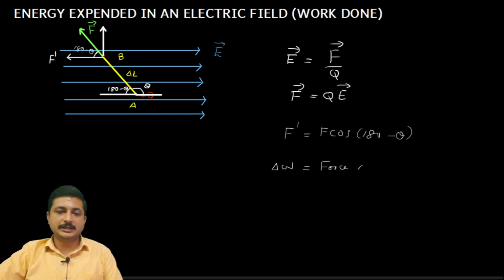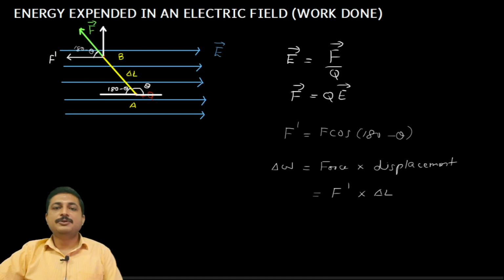So I represent it by delta W. So delta W will be force into displacement. Now which force? Here I told you that I am considering the horizontal component of force, which is exactly opposite to the electric field. So my force here is F dash into displacement. What is the displacement? Yes, it is delta L.